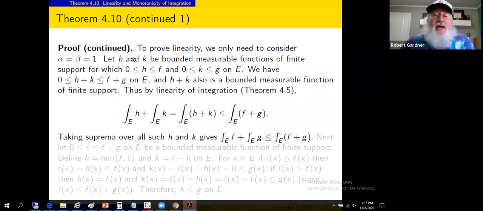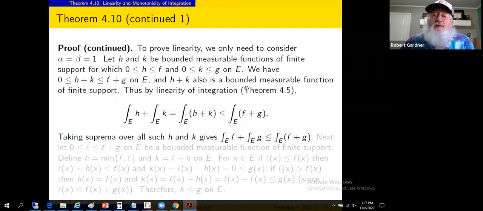So let's introduce h and k as bounded measurable functions of finite support for which h is less than or equal to f and k is less than or equal to g. They're always bounded below by 0 because everything is non-negative in this section. Then when we add them together, 0 is less than or equal to h plus k, which is less than or equal to f plus g. Just add corresponding parts together.